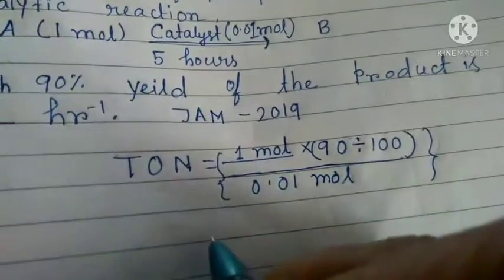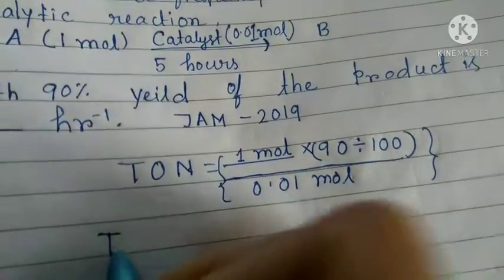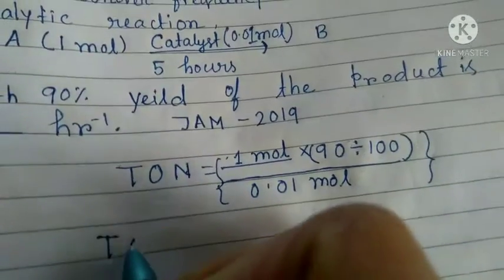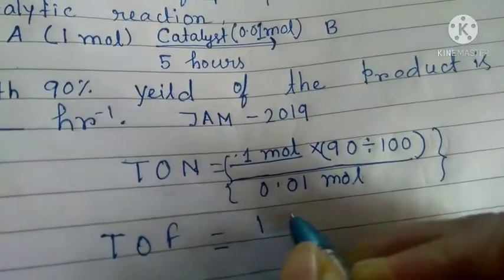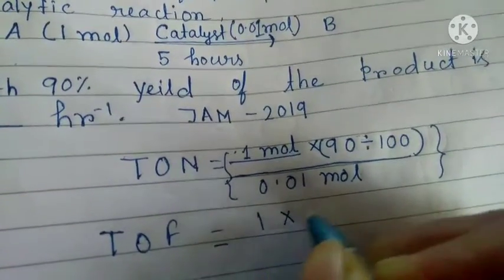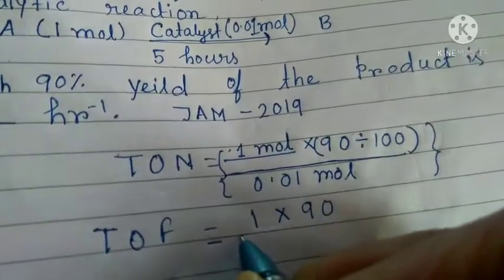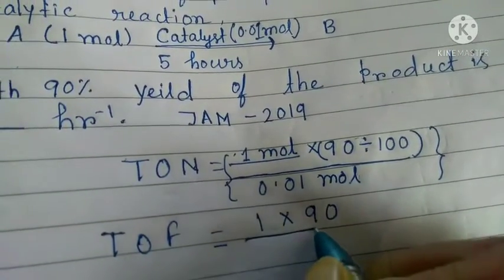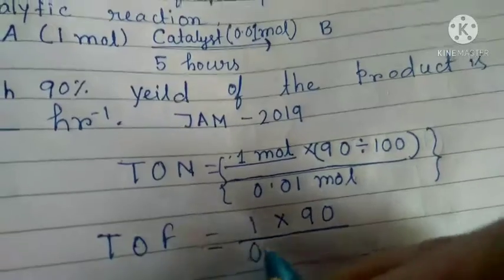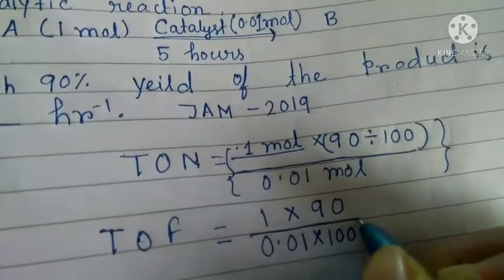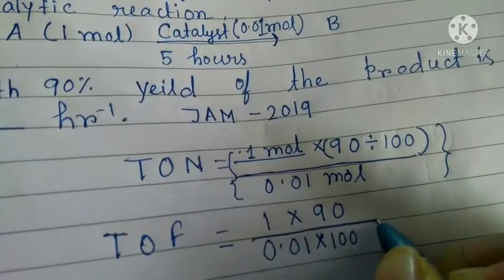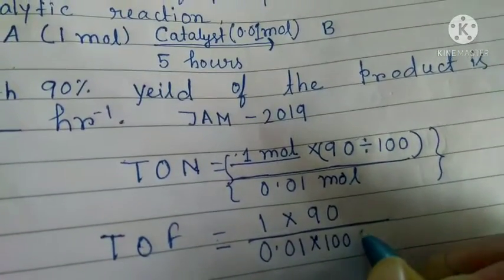So the turnover frequency will be 1 into 90 by 0.01 into 100 by 5 hours.